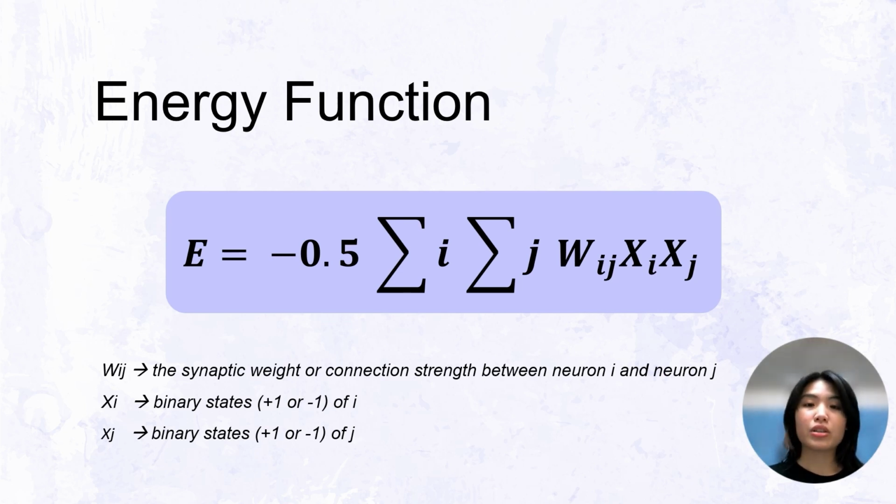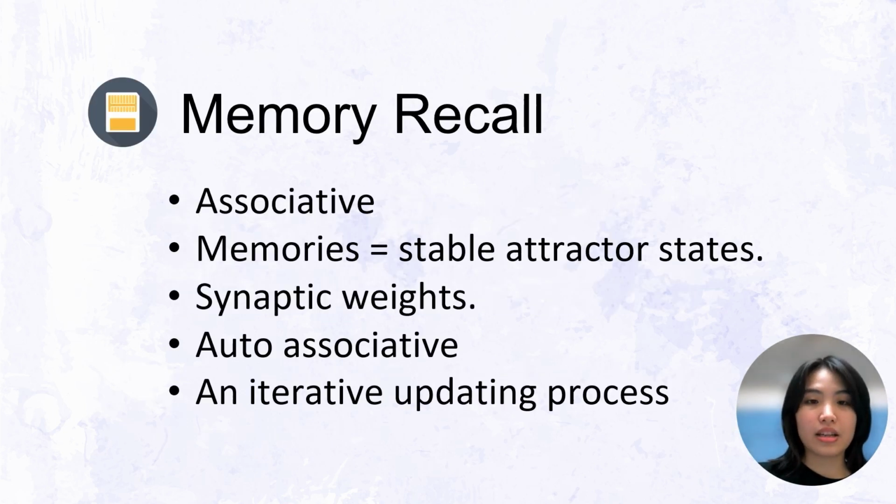The energy function will determine the stability of different states in the network and guides the iterative updating process. And lastly, the iterative updating process will continue until the lowest energy is found, which is very desirable for this network. Next is the memory recall of the network.